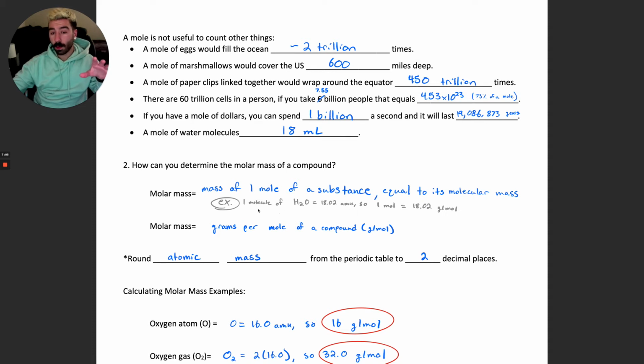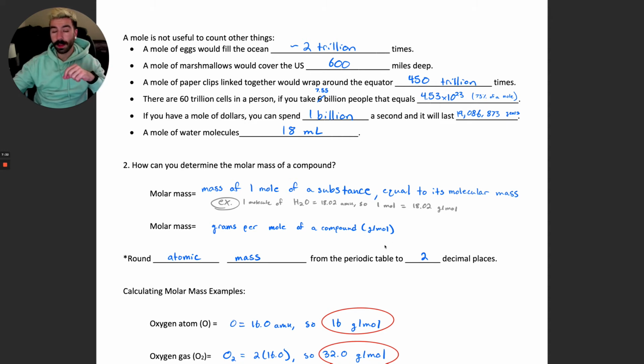But so if that's how much 1 molecule weighs, 1 mole of water weighs 18.02 grams, or its molar mass is 18.02 grams per 1 mole. And so we say that the molar mass is the grams per mole of a compound. And so the unit is grams per mole.